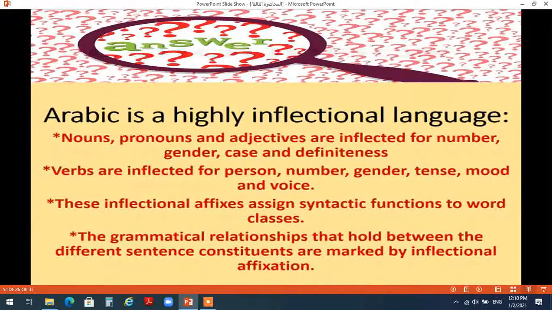And the grammatical relationships that hold between the different sentence constituents are marked by inflectional affixation. العلاقات النحوية الموجودة بين الأجزاء المختلفة داخل الجملة يمكن تمييزها من خلال الإضافات أو اللواحق التي تضاف إلى الكلمة.